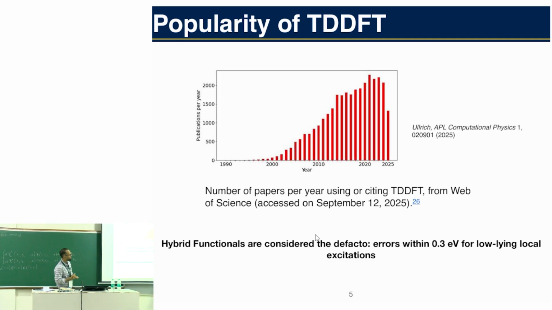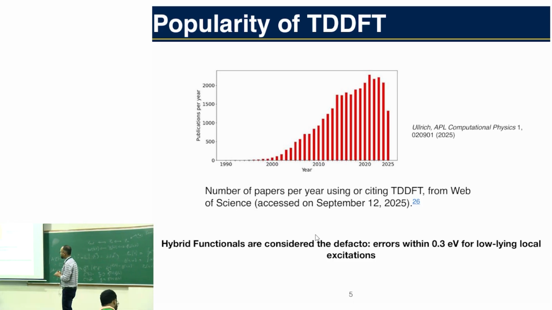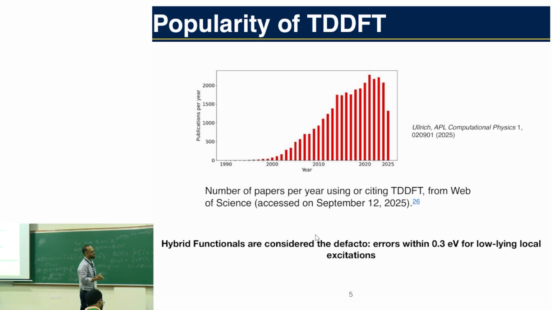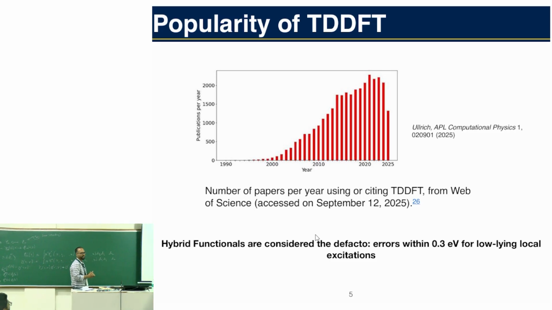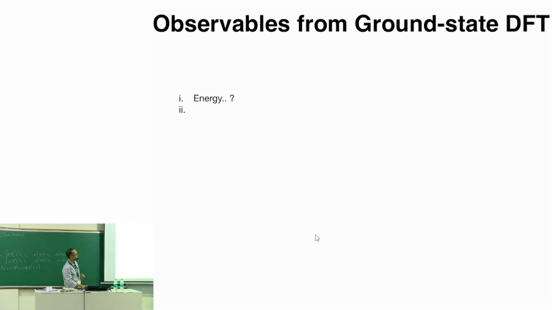And over here, you generally consider hybrid functionals, and these tend to give you very low errors for low-lying excitations. Here I'm not talking about somewhat challenging excitations like charge transfer or Rydberg excitations, but about excitations in very simple organic molecules, local excitations like pi to pi star type excitations. So it's very popularly used in this context.